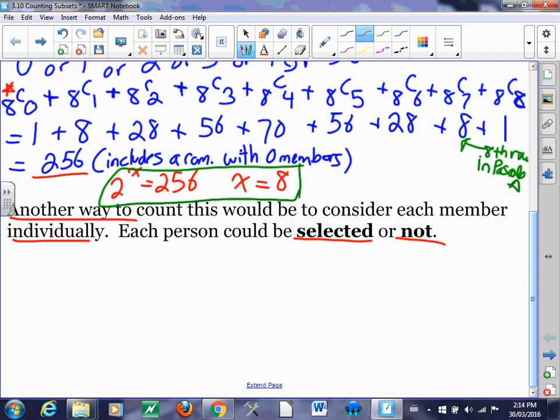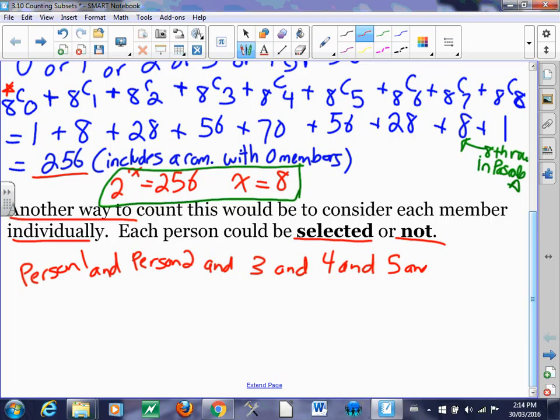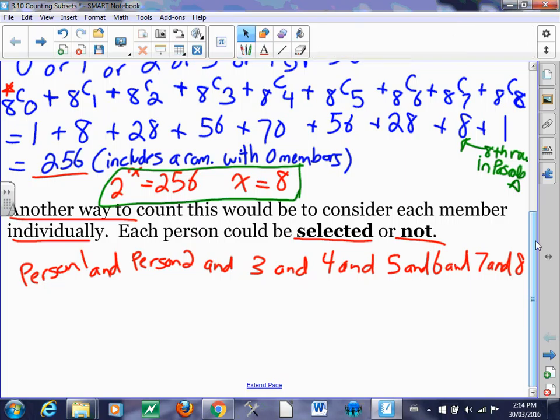So if we take a look, we deal with person 1. Okay. And we have to consider person 2 and 3 and 4 and 5 and 6 and 7 and 8. And each person has either a choice to be selected or not. Okay? So, two options. Person 1 could say, yes, I'm in.